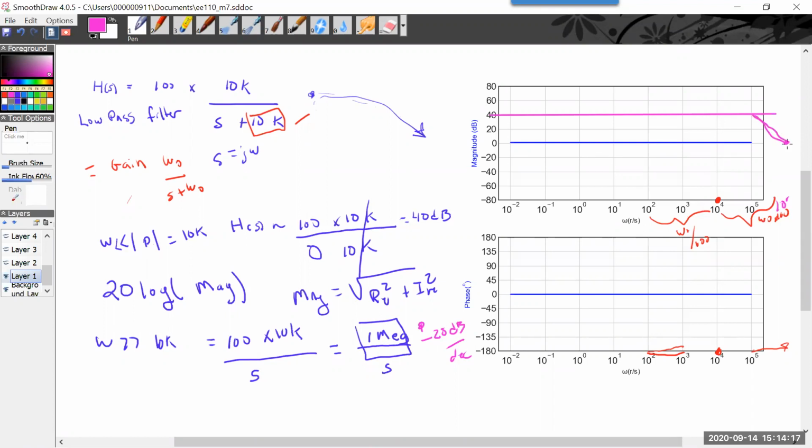Oops. I accidentally drew it here, but this is where it should be.